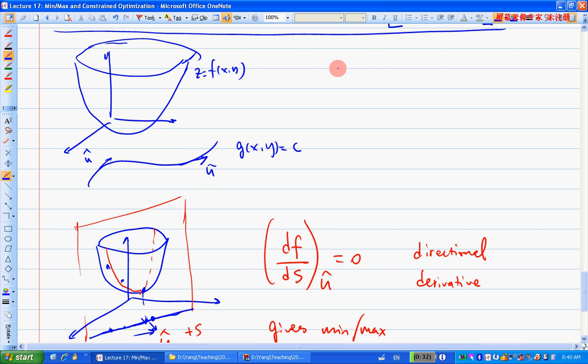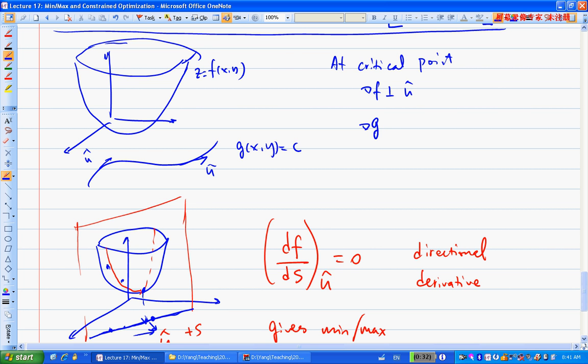So here's the point. At the critical point, del f is perpendicular to u hat. And what is u hat? As we said, u hat is defined as the tangent vector to the constraint g here. What about del g then?